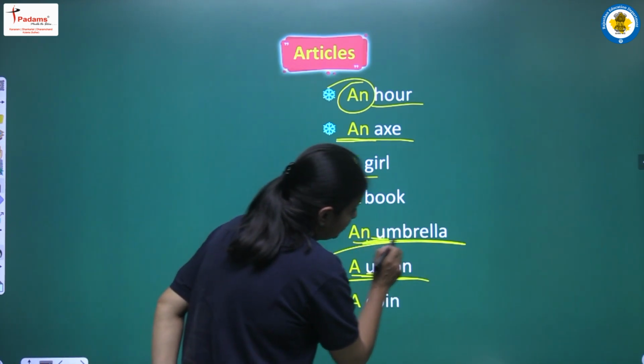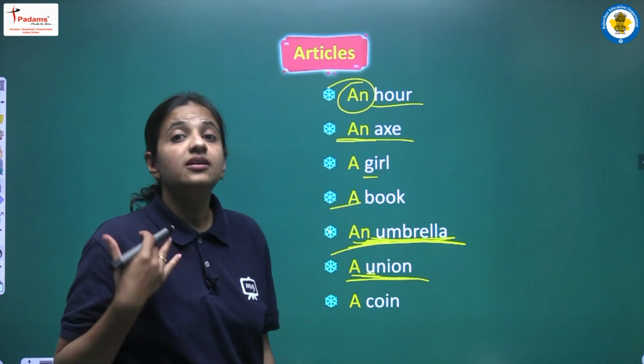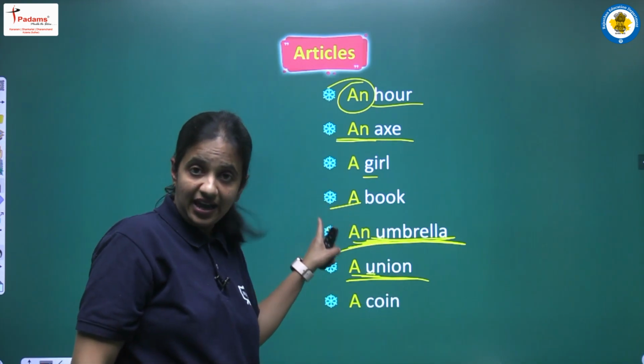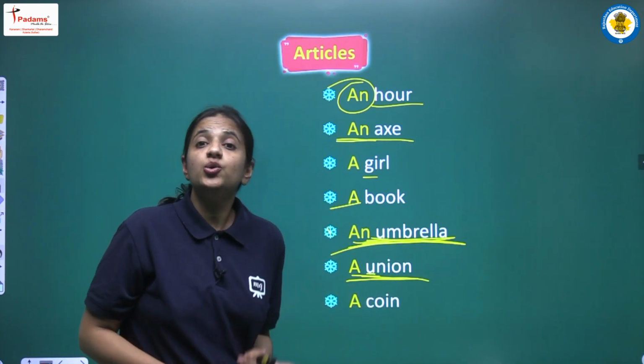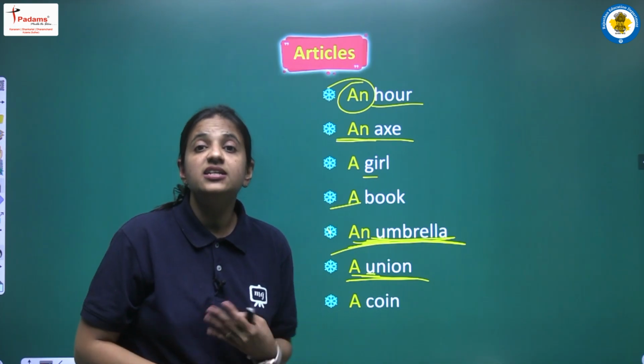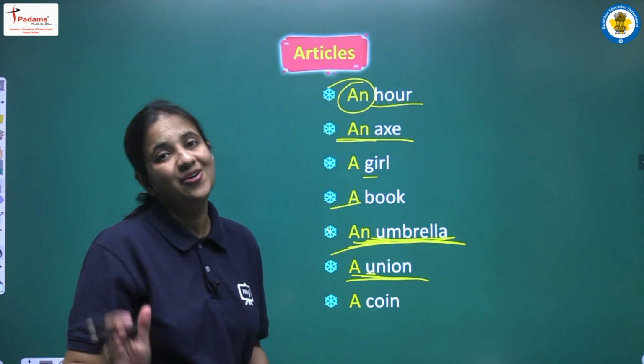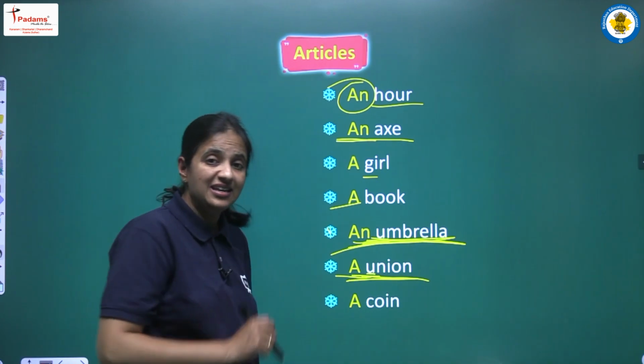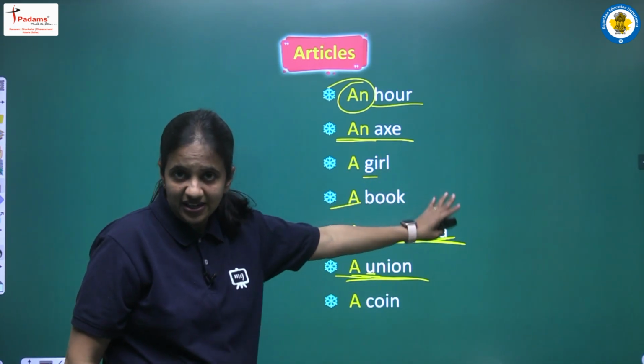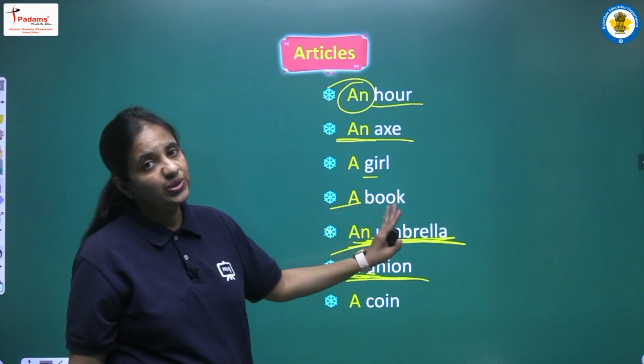When we are having umbrella, the starting sound is uh, and for that we are having an. But now we are having union, so the starting sound is y, that is a consonant sound, and for that we are having a here. So this is an umbrella and this is a union.